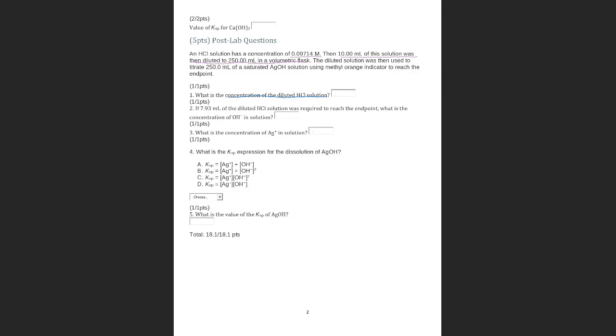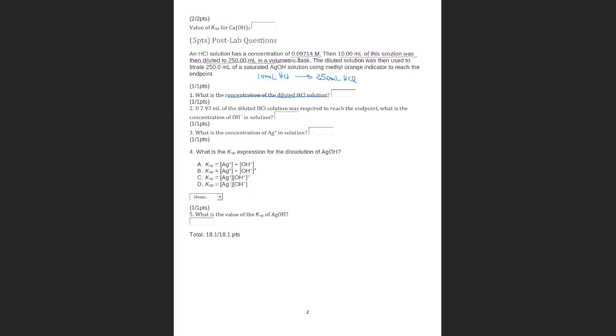Okay. So basically this is just a dilution. You have learned a dilution. You started with 10 mL of hydrochloric acid and you diluted to 250 mL of hydrochloric. It's just a dilution.